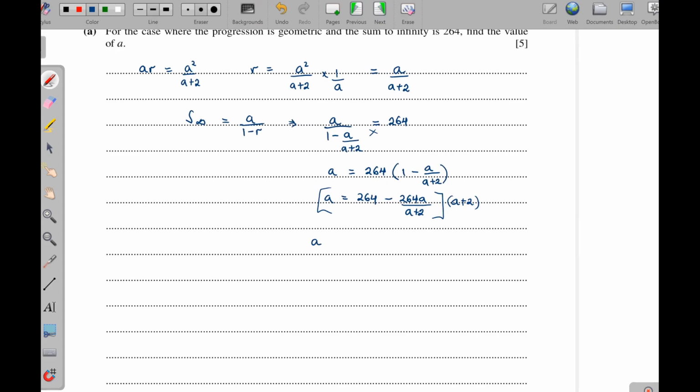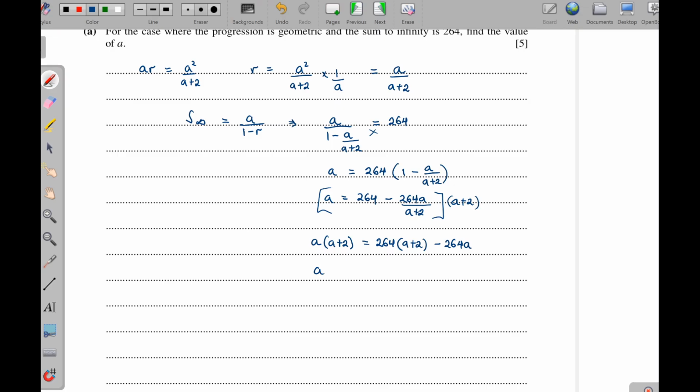We shall have a times (a plus 2), which is equal to 264 times (a plus 2). Remember, everything in here has to multiply this, okay? Then next, this one will multiply and that one goes away, not so? And then we have minus 264a.